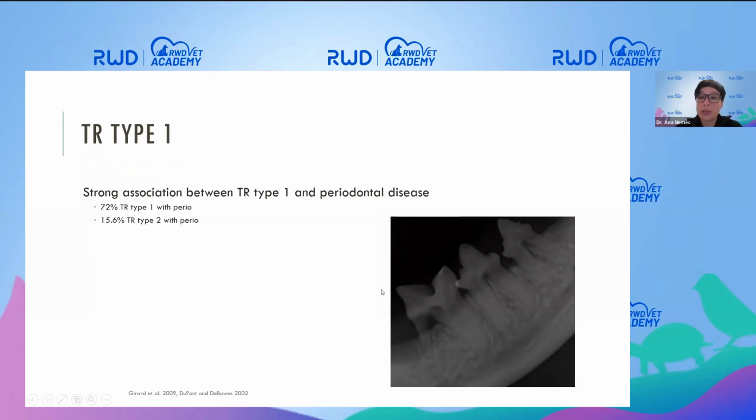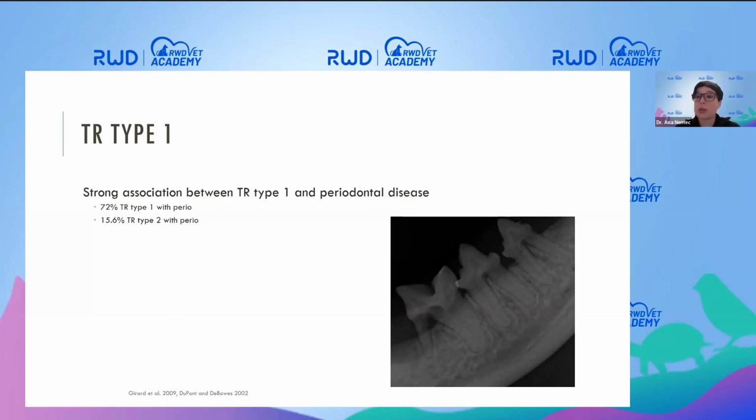If we look at this radiograph, we can see a pretty obvious lesion in the furcation area of this mandibular first molar. So that would be, for example, stage 3 tooth resorption. And if we look at the roots, we can clearly see the periodontal ligament space still there. So that would be type 1.